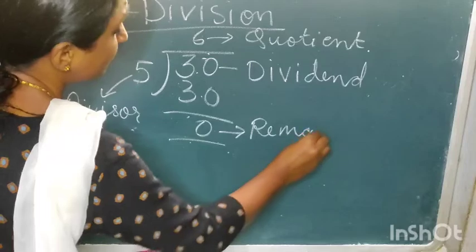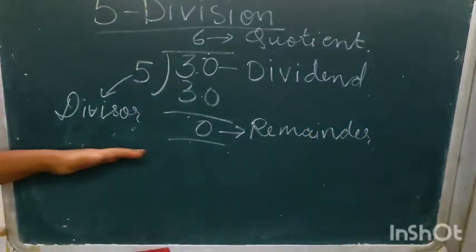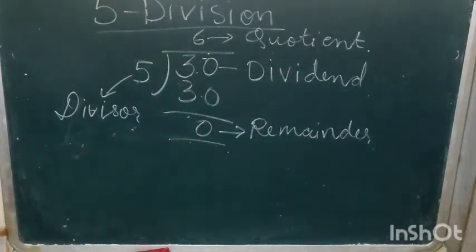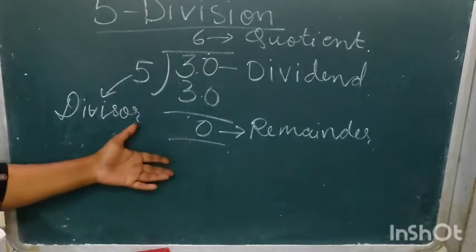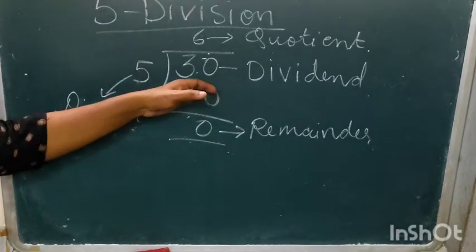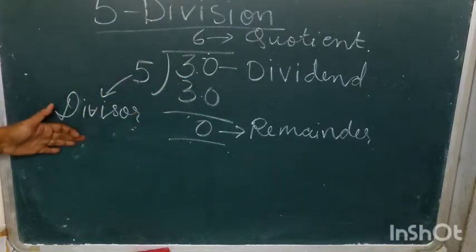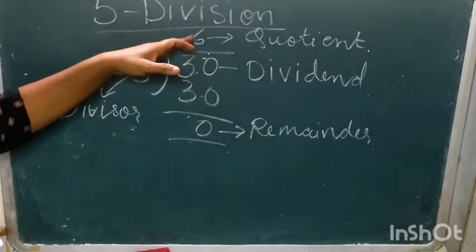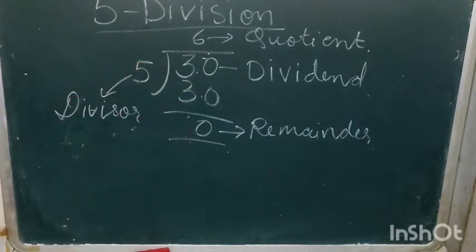Suppose sometimes you get a remainder as 1, 2 or any number. Here it is 0 because it is fully divided. If not fully divided, you get some remainder. So here 30 is the dividend because 30 is going to be divided by 5. 5 is the divisor. The answer 6 is the quotient here, and 0 is the remainder.